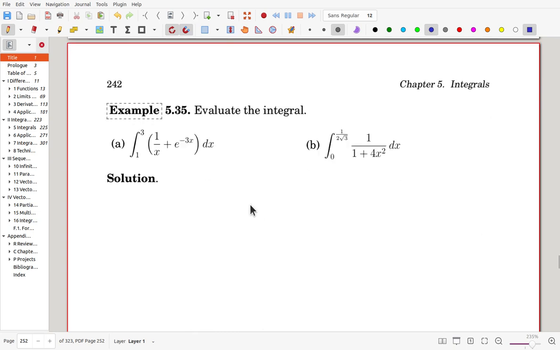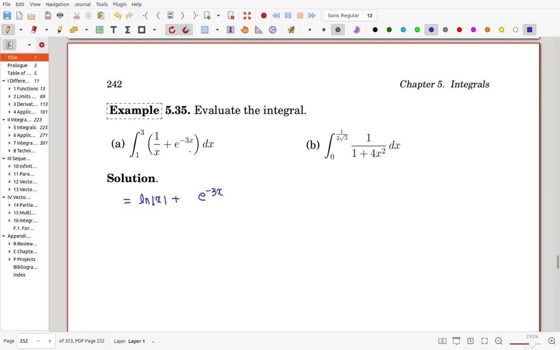Now let's try to evaluate the integral. For part A, the first portion, the antiderivative is the natural logarithm of the absolute value of x, plus, for that portion, e to the minus 3x.